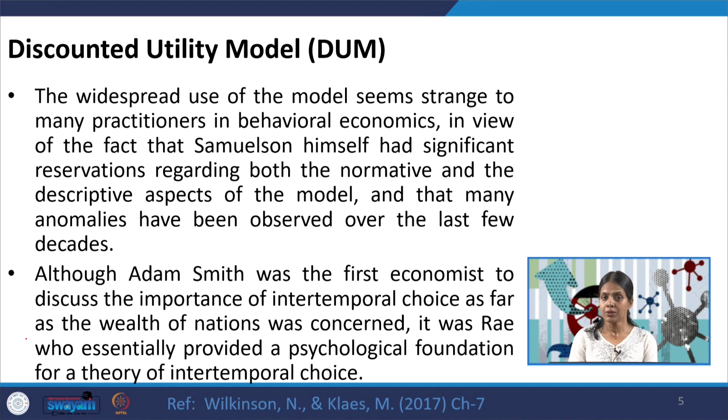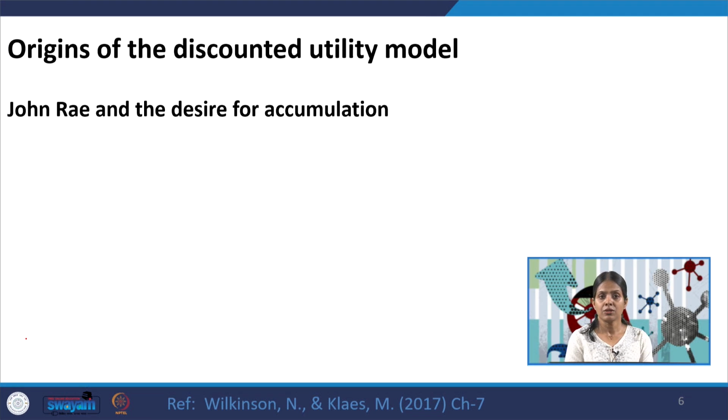Although Adam Smith was the first economist to discuss the importance of intertemporal choice as far as the wealth of nations was concerned, it was Rae who essentially provided a psychological foundation for a theory of intertemporal choice. So, what was John Rae's concept, or the psychological components behind the discounted utility model?